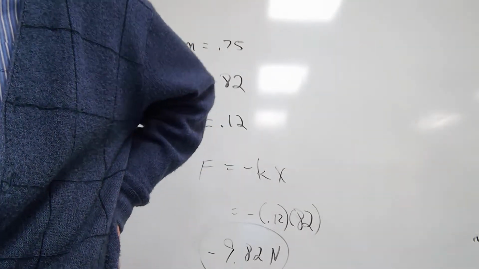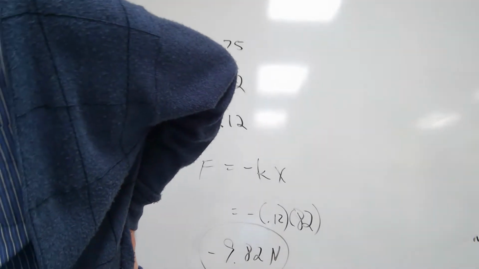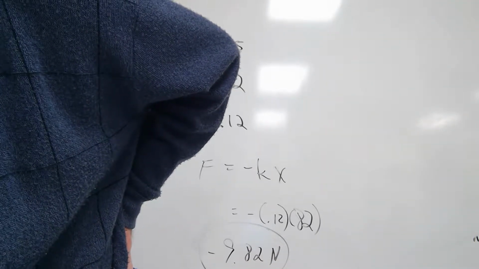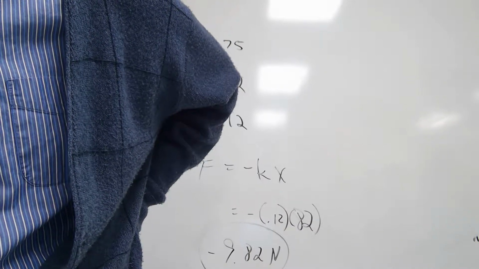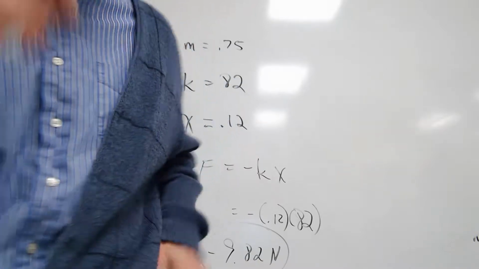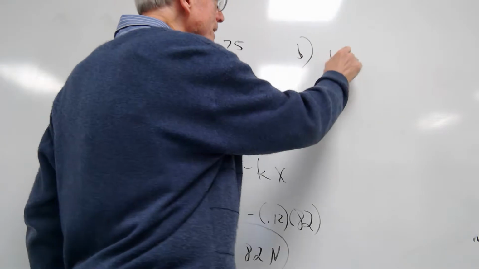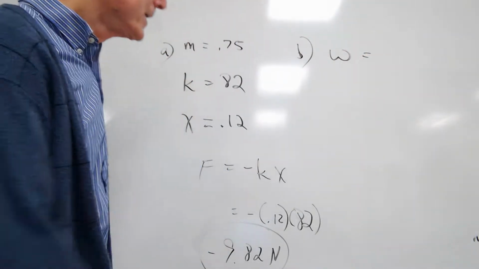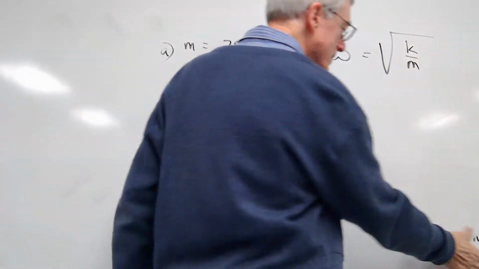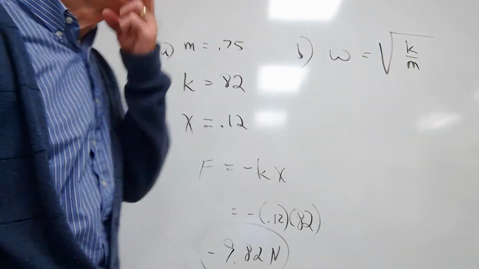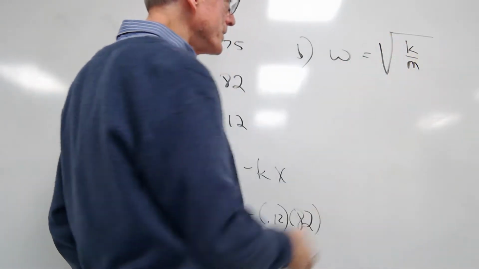That was part A. Part B asks the question, find the angular frequency of the resulting oscillation. The easiest way to find omega, I think here again, like number 15, is to remember this equation. All of these can be worked in different ways, but since you know both k and m, that's now an easy way to do it.